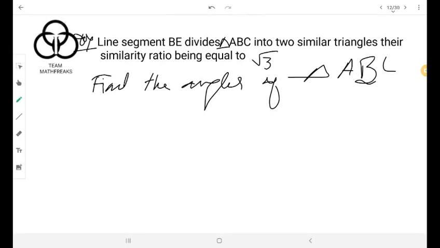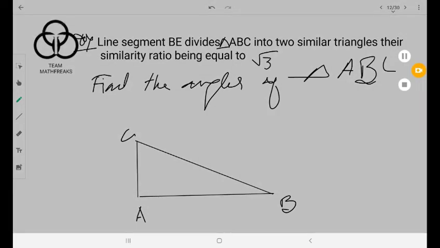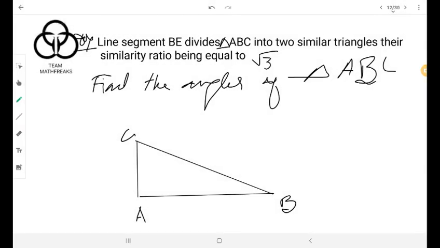Let's start solving it. Let me draw the triangle first, otherwise it will be very difficult. This is one possible diagram. I have drawn a right angle triangle because this is the most suitable diagram. I know the angles, that's why I have drawn this diagram. You can draw any diagram. I'm having the solution. The line segment BE divides triangle ABC into two similar triangles.